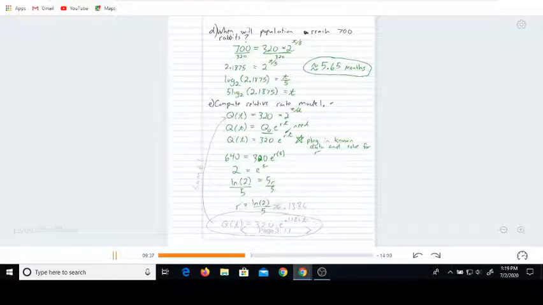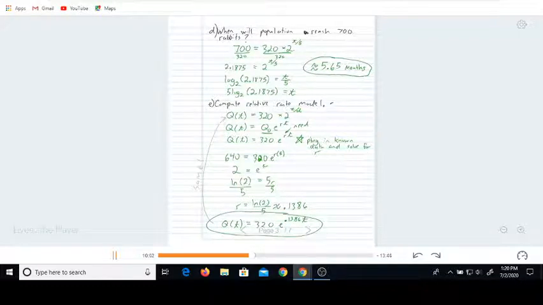Let's go ahead and round that, which is approximately 0.1386. So if we wanted to write a relative rate model, it will look like this: 320 e to the 0.1386t.